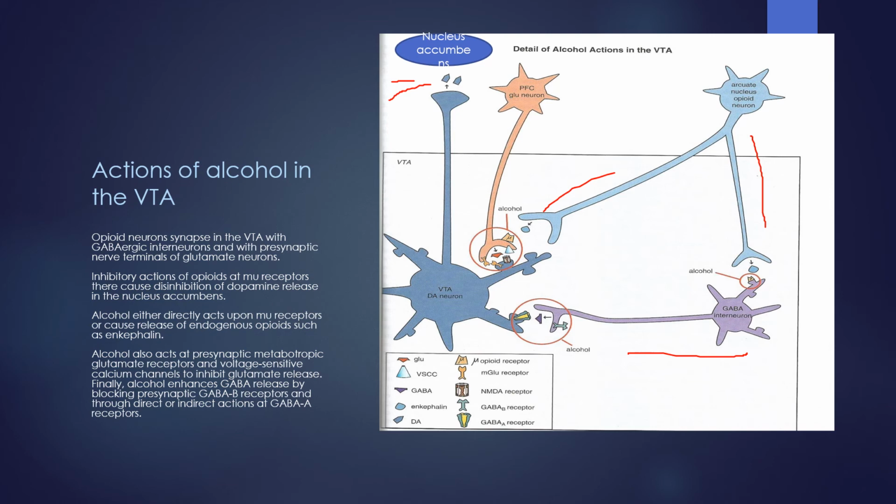So that's what it is, either through the glutamate receptors or through the opioid receptors or even through the intermediate actions of the interneuron GABA neurons.